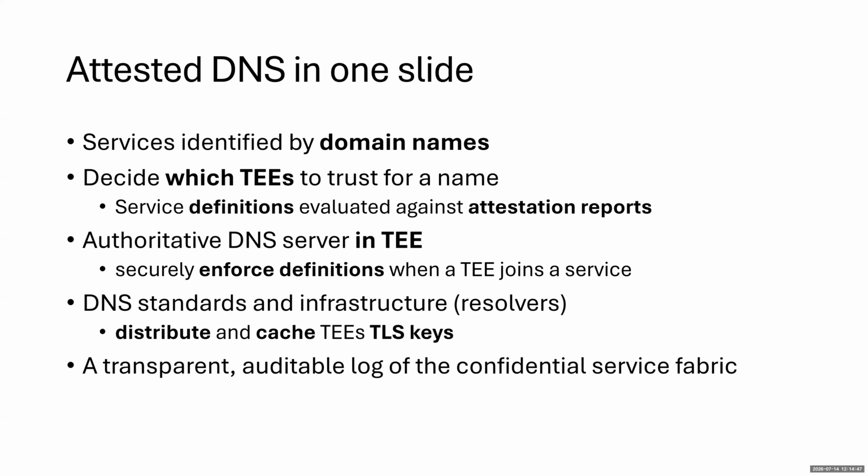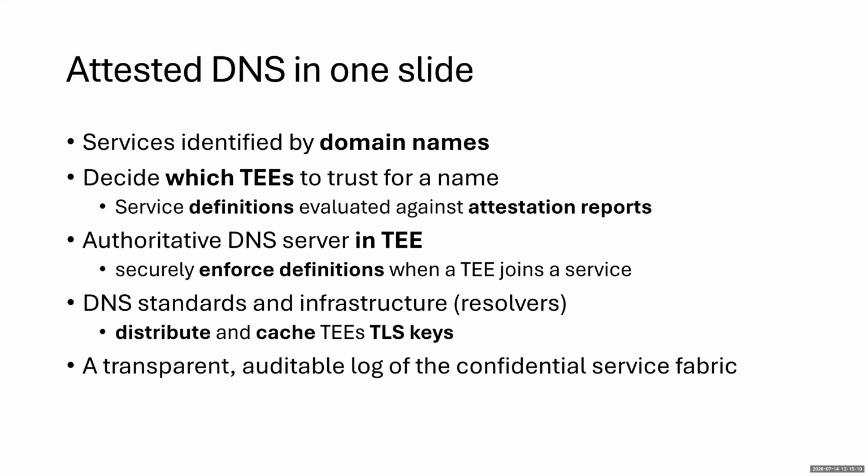And then we want to leverage as much as possible existing DNS standards infrastructure. The existing resolvers are obviously very nice because they let you distribute and cache the addresses, but also your TLS keys, so that they're easy to find for clients when they want to connect to confidential services.